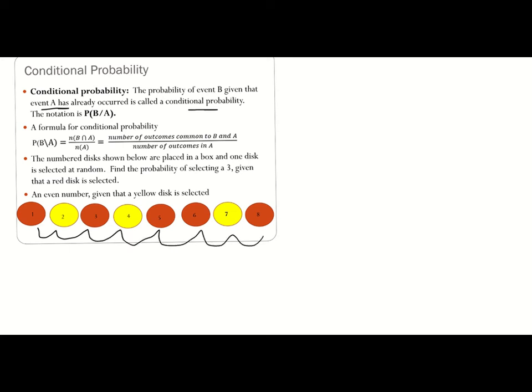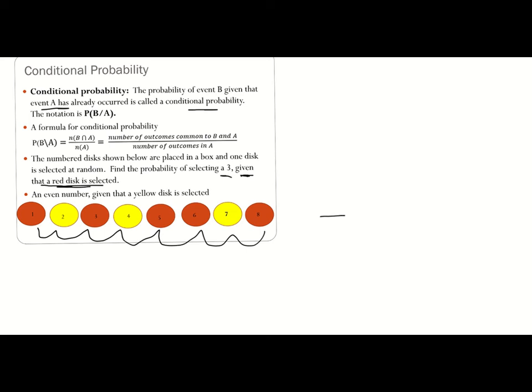We want to find the probability of selecting a 3 given that a red disc is selected. And your keyword with conditional probability is given. So it says given a red disc is selected. That given is your A. That's your denominator.